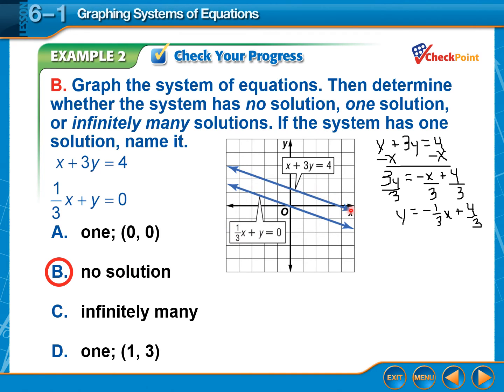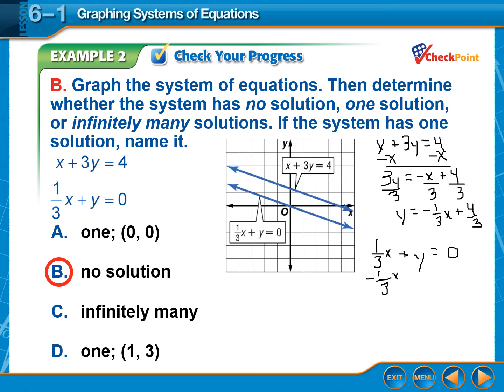Here's that equation to graph it. My second equation, I'm starting with 1/3 x plus y equals 0. So 1 over 3 times x plus y equals 0. So to solve for y, I need to move the 1/3 x to the other side of the equation.